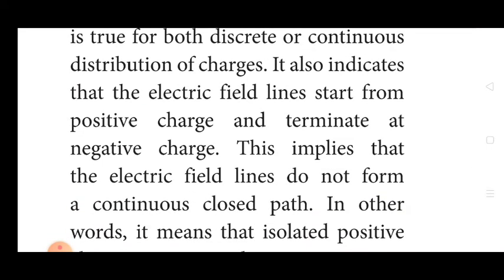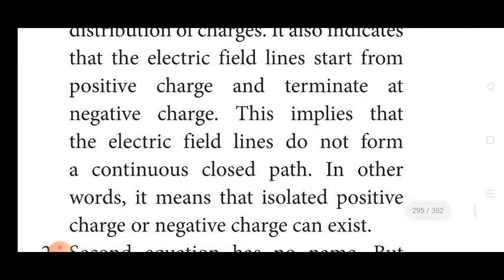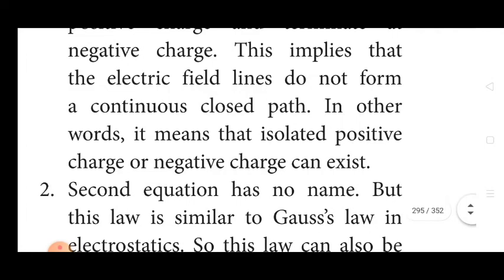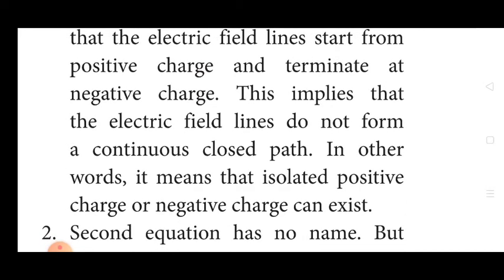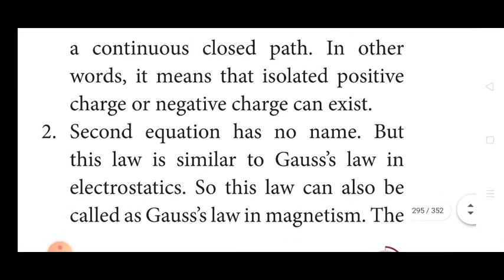This implies that electric field lines do not form a continuous closed path. In other words, isolated positive charge or negative charge can exist individually. This is indicated by the first equation.